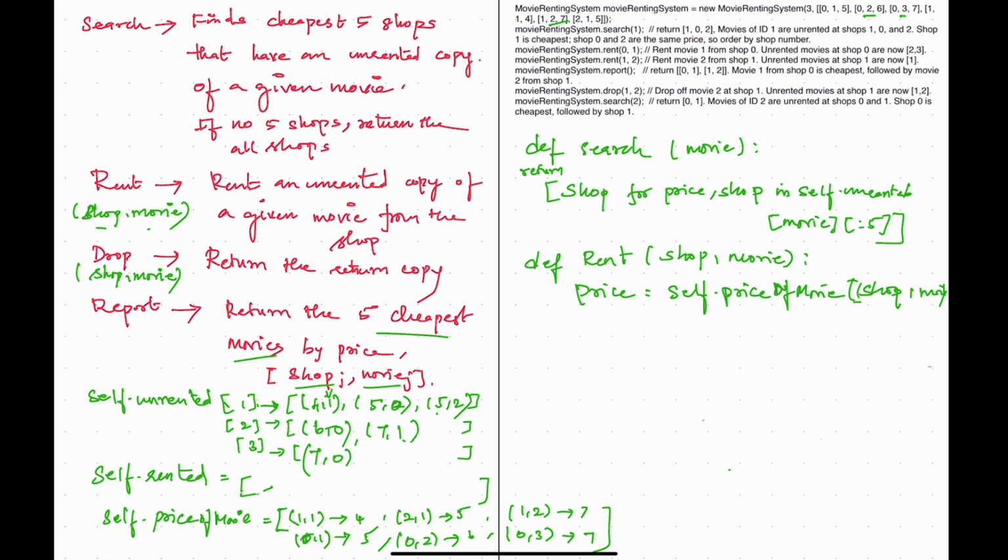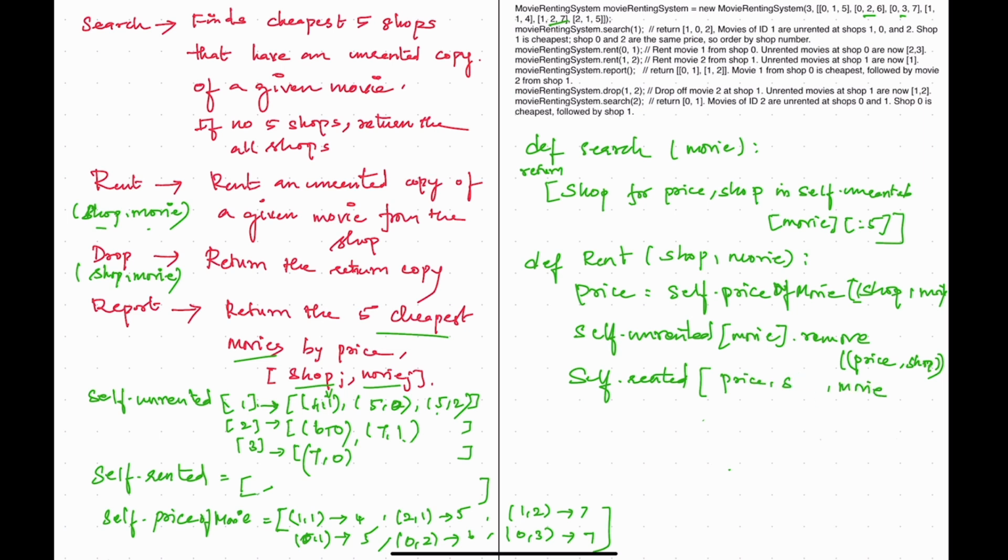Now you have the item price, right? Now we have to remove it from the unrented list. Self.unrented of movie, and based on the price, dot remove price comma shop.